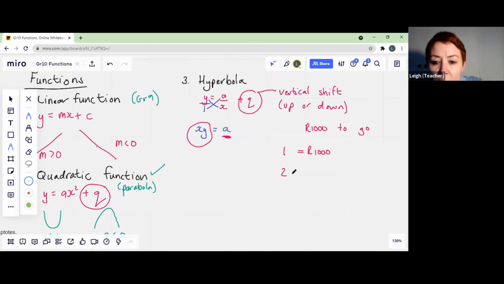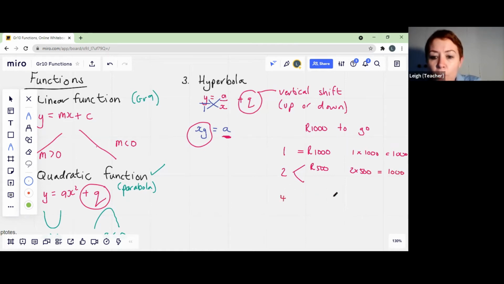But if 2 people go on the school trip, then they can each pay 500 Rand. Can you see how 1 times 1,000 is 1,000? 2 times 500 is also 1,000, right?